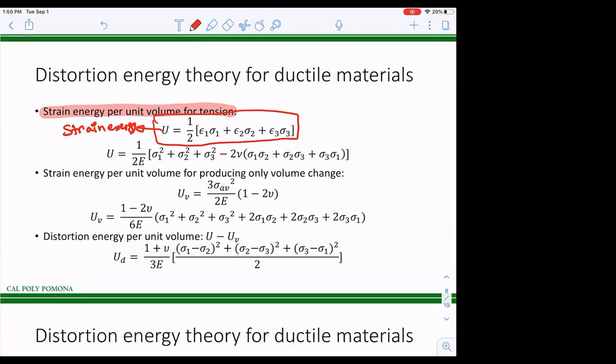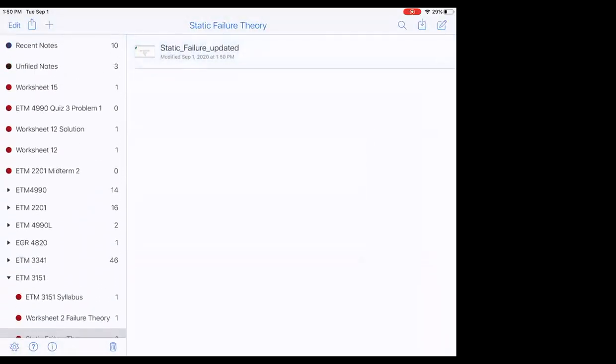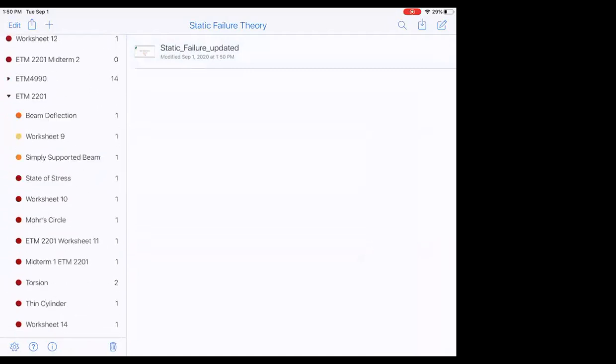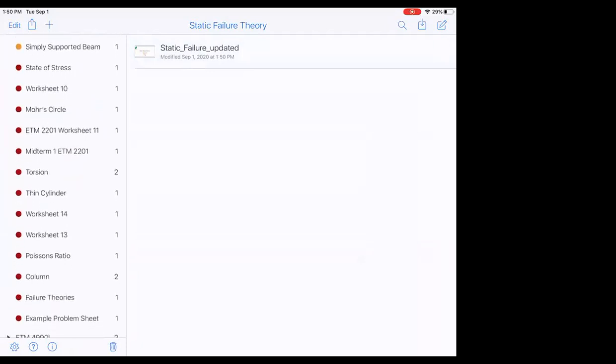Now, if you want to replace this strain with sigma 1, remember from your strength of materials, let me see if I have those slides here, because I just took that class. Okay. Stress transformation, torsion, Poisson's ratio.